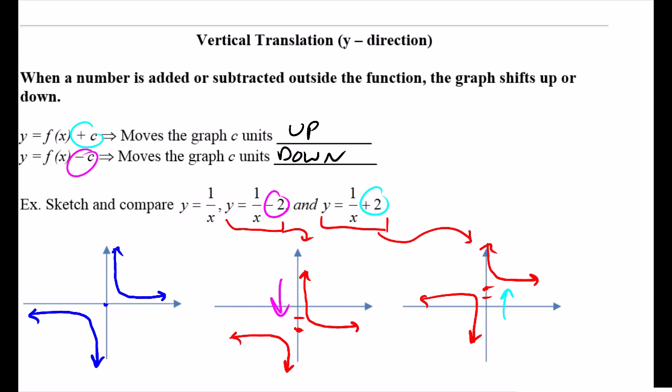So, as a little tiny review: if I have a function and my x is being acted upon by some number, then that means I'm going to be doing a horizontal shift.